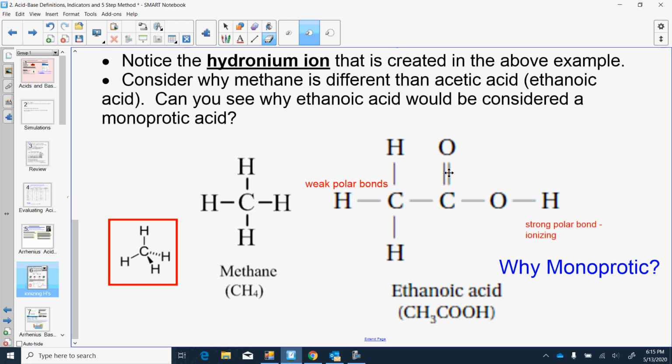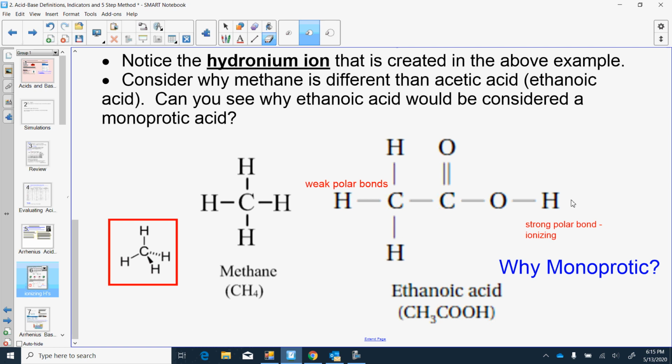But over here you can see these are strong polar bonds. If you look at the electronegativity between oxygen and hydrogen, oxygen is a lot higher. So the electrons are closer to the oxygen. This hydrogen is not as invested in this molecule, and so it will ionize and this hydrogen can leave.